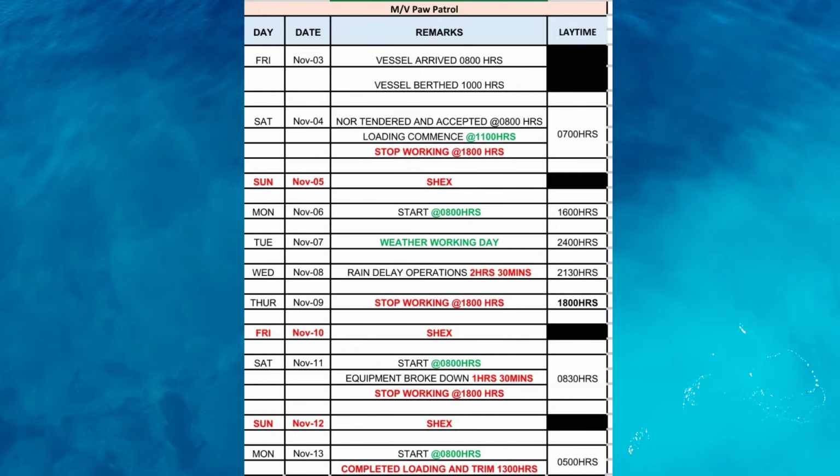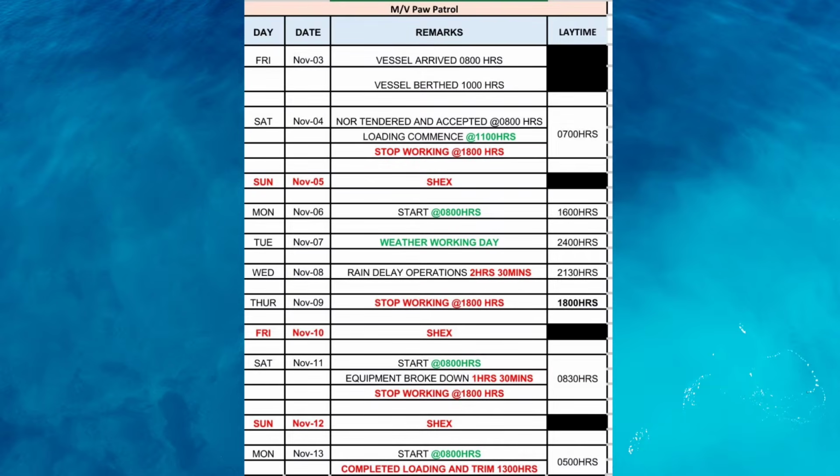Now, we're still at Saturday, November 4. So we're supposed to stop working at 1800 hours because Sunday is the next day, right? So that simply means that on that day, on Saturday, there's 1800 work hours.